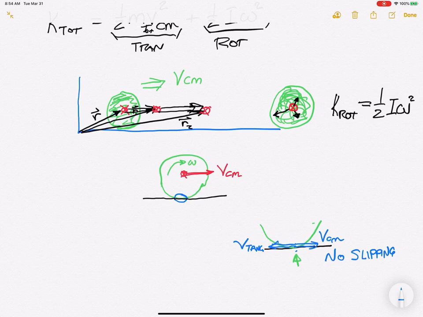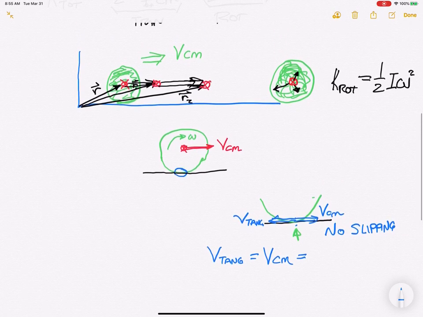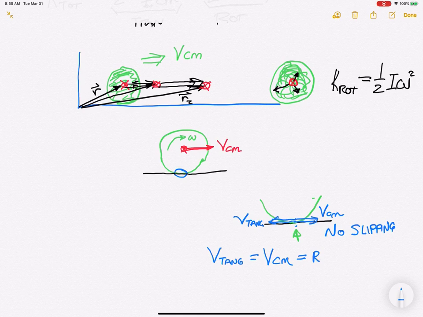So that contact point stays stationary if it's not slipping. That means I can write the velocity tangent is equal to the velocity center of mass. And therefore, the velocity of the center of mass is given by the radius of the wheel times omega. So this is our rolling without slipping condition.